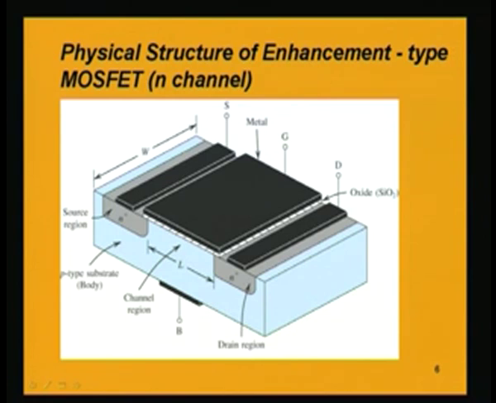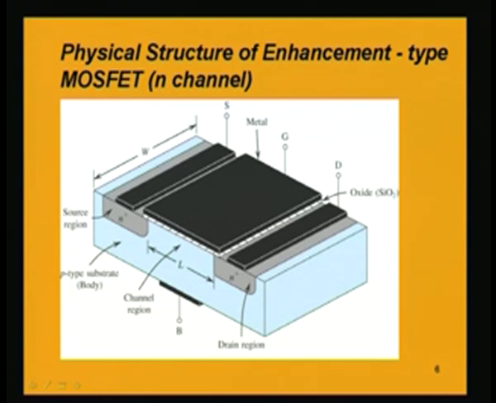These are the main regions in the MOSFET, and these 2 regions, which are the source and drain regions, are interchangeable, as I have already mentioned. So, this device is a symmetric device. We can use the source and the drain interchangeably. There is no particular reason why one should be source and the other should be drain.